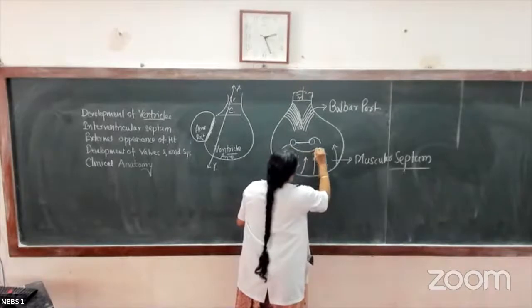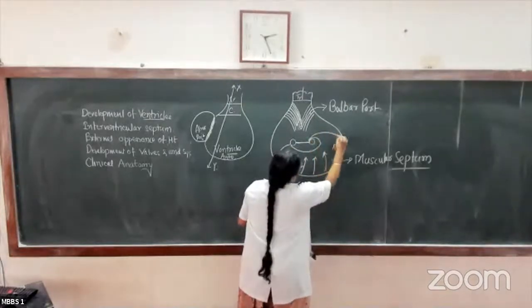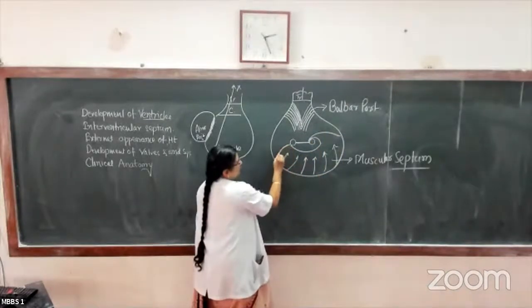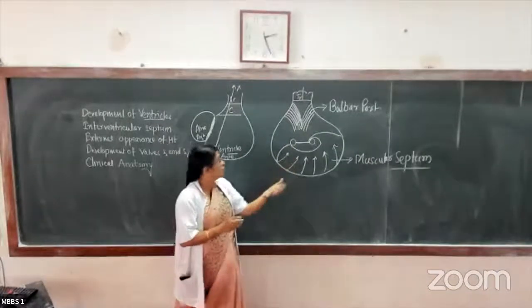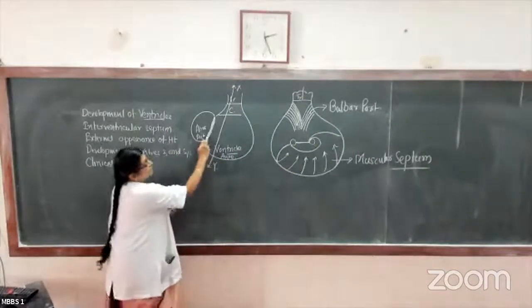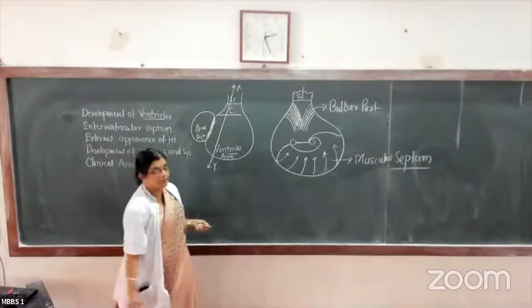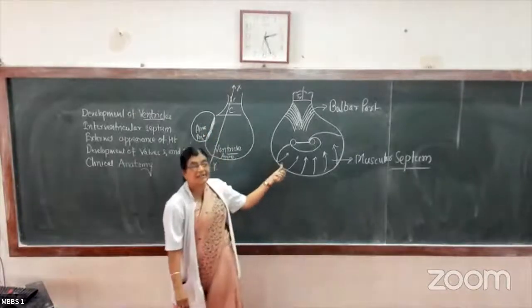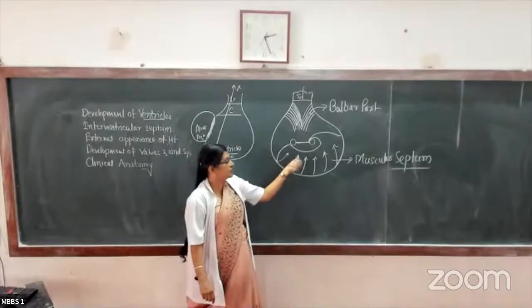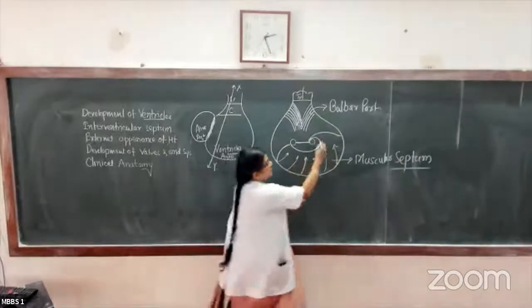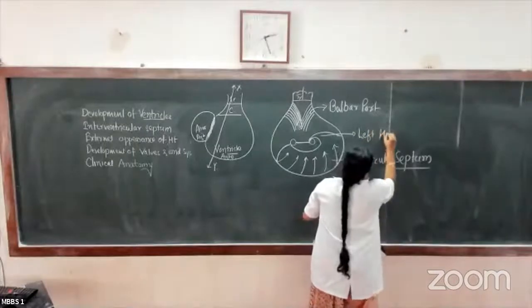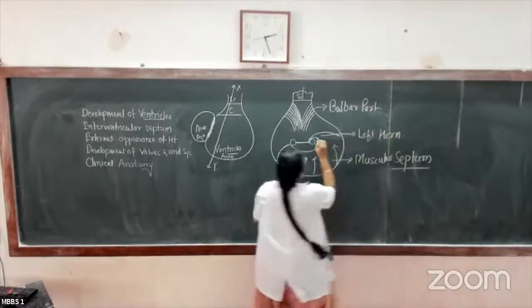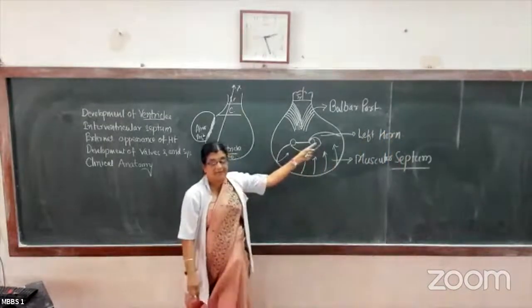The dorsal horn goes to the right side of the dorsal AV cushion, and the left horn goes to the left side of the ventral AV cushion.